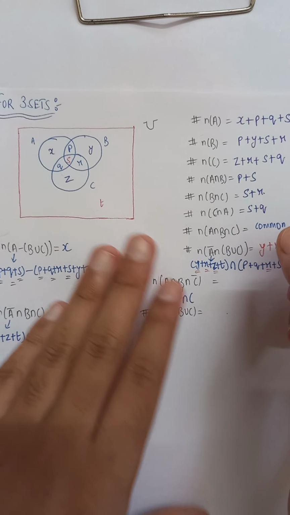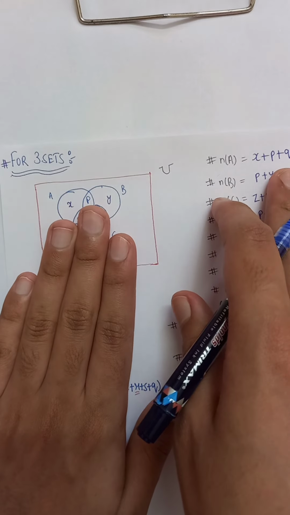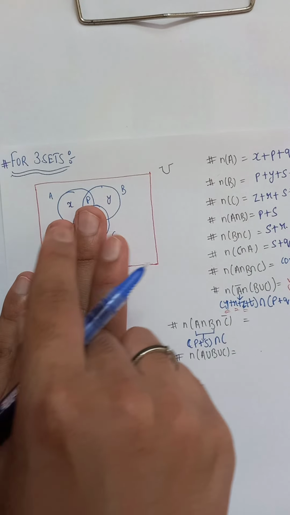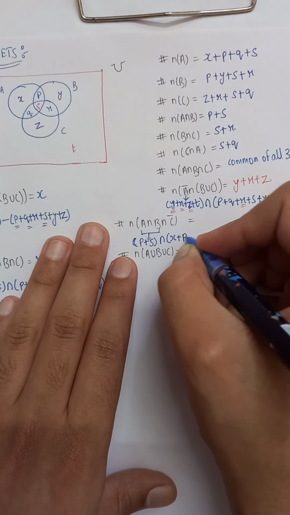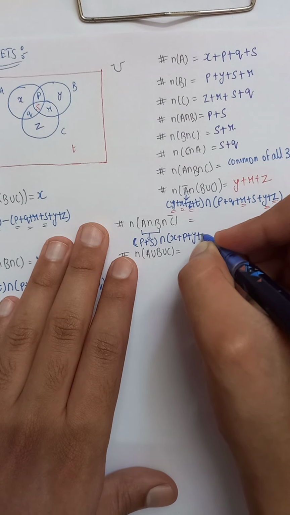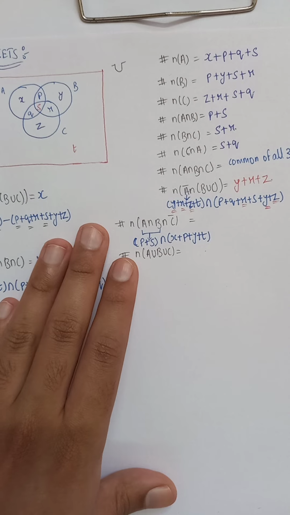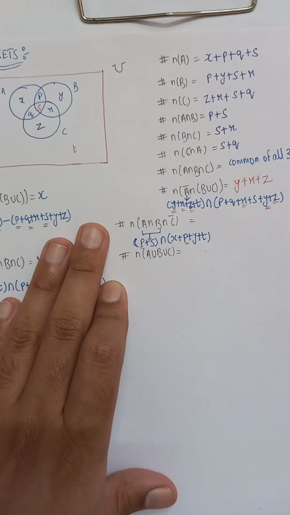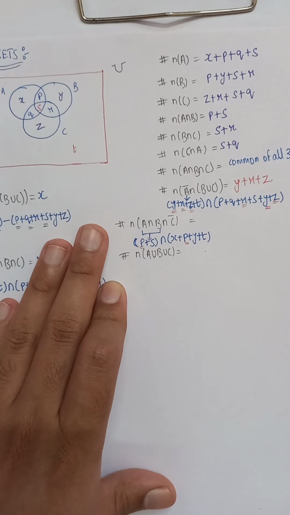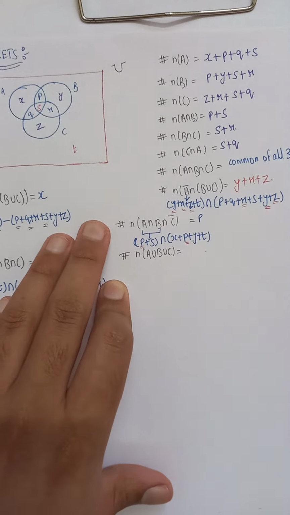C complement means you should not consider C. We're not considering C. The elements left out are X, P, Y, and T. So C complement is X plus P plus Y plus T. So you need to write the common. What is common here? Only P is common. So the answer to this question is P.